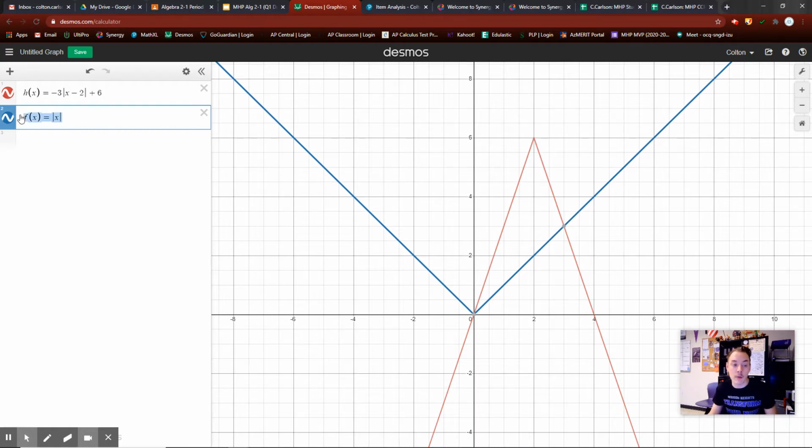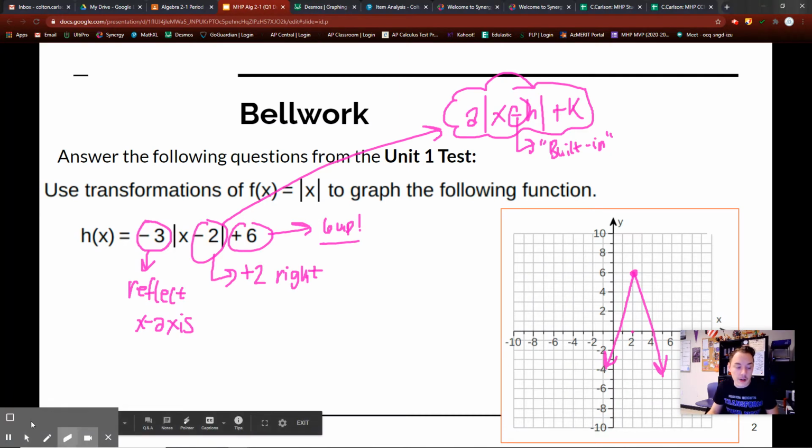This is what the normal absolute value graph looks like. And as you can see, your red graph, the graph you're actually interested in, is skinnier, because the 3 is what makes it scale. It basically makes it skinny, slim, skim milk. So that's all I'm going to go through on that question.